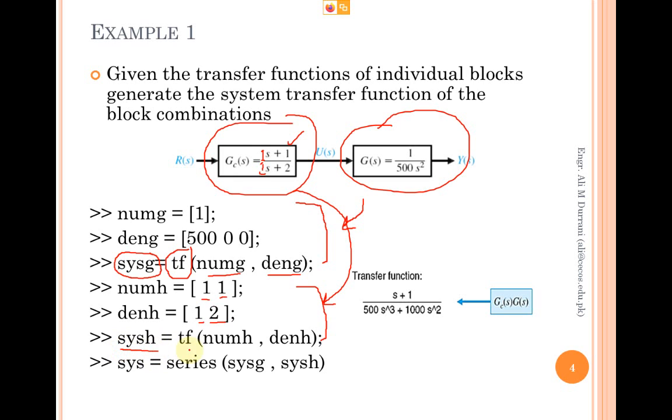Then in system H we have stored and applied the transfer function on numerator h and denominator h.